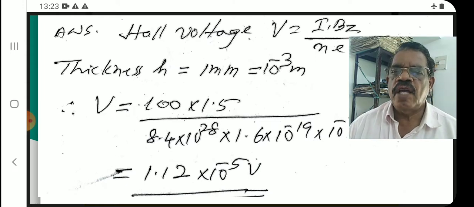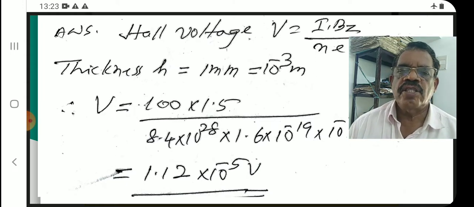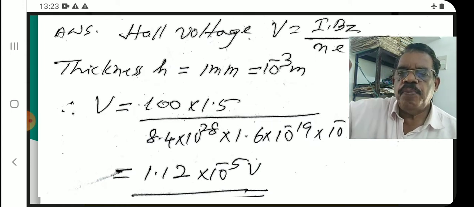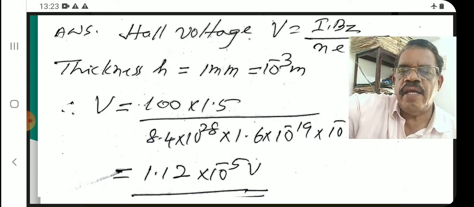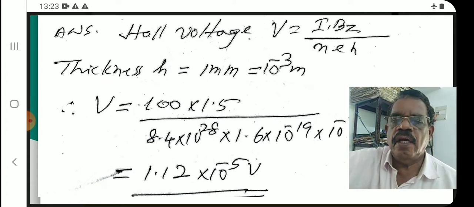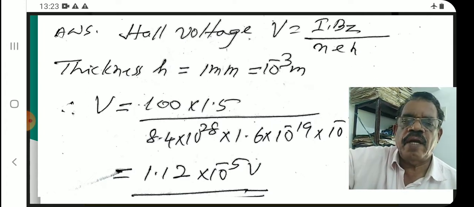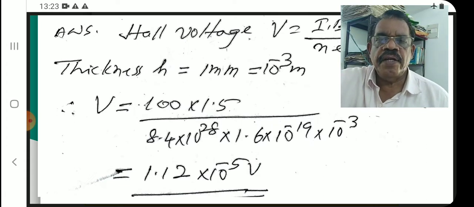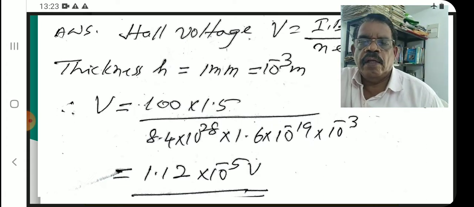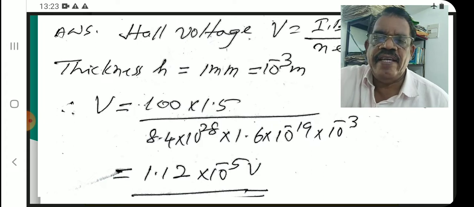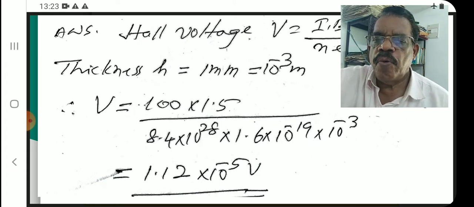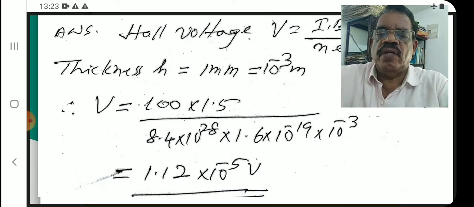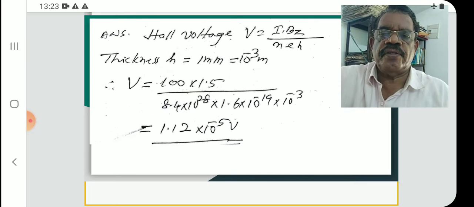So V is equal to IBZ, 100 into 1.5 by N, 8.4 into 10 raised to 28, E 1.6 into 10 raised to minus 19 into H, 10 raised to minus 3, and on calculation we get 1.12 into 10 raised to minus 5 volt. 1.12 into 10 raised to minus 5 volt is the answer.